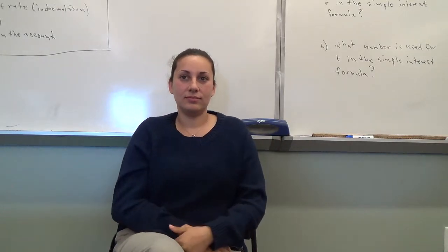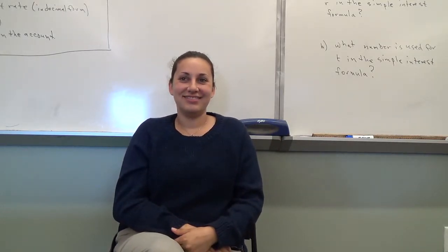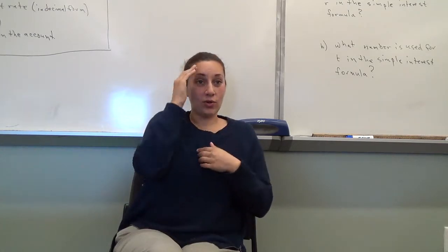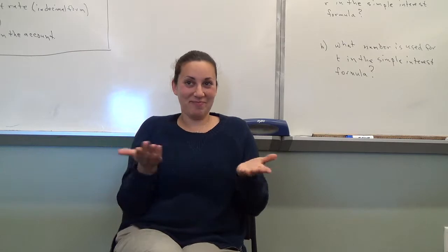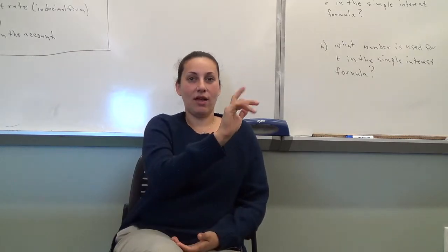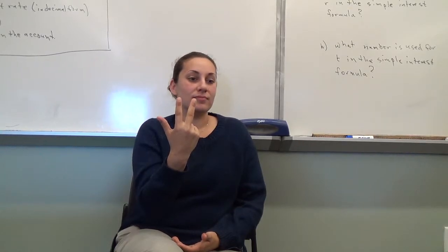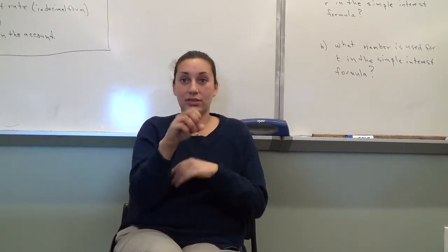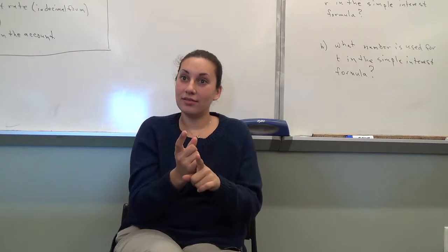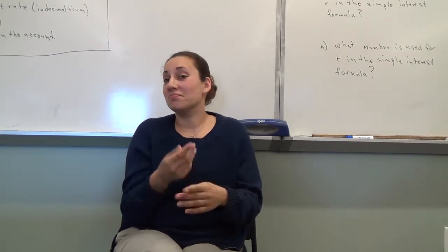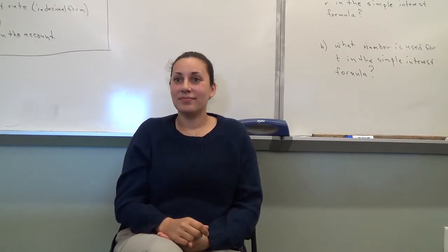If we work them out, what does that percent decrease turn out to be? 25.3. And that has a percent sign, right? Because when you divide, you get 0.253, and then you multiply by 100% to put it into percent.